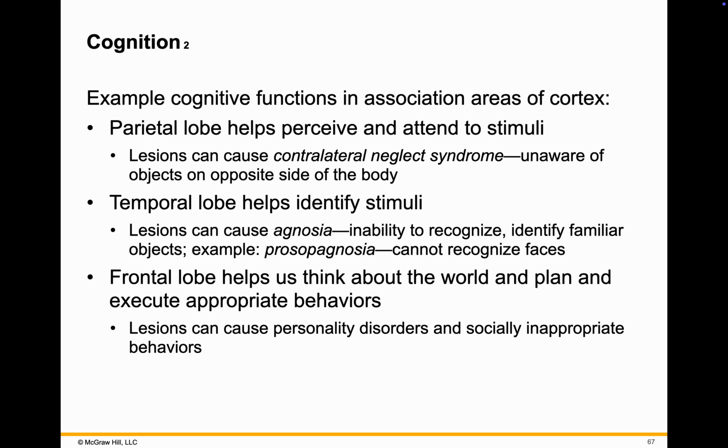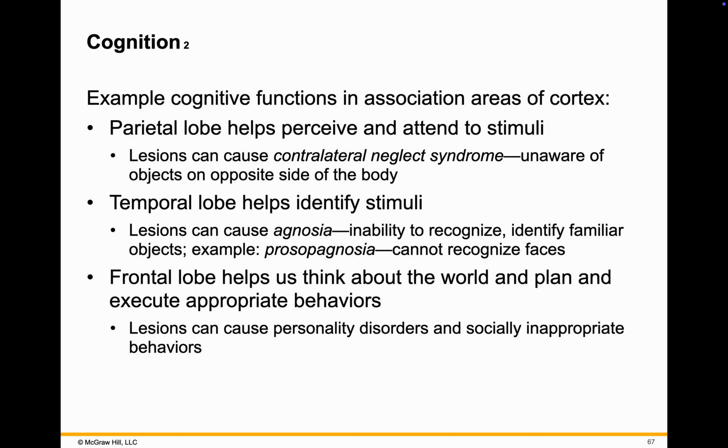Examples of cognitive function in the association cortex. The parietal lobes help perceive and attend to stimuli. If an individual has a lesion, it can cause contralateral neglect syndrome. They can be unaware of objects on the opposite side of the body. The temporal lobe helps us to identify stimuli.